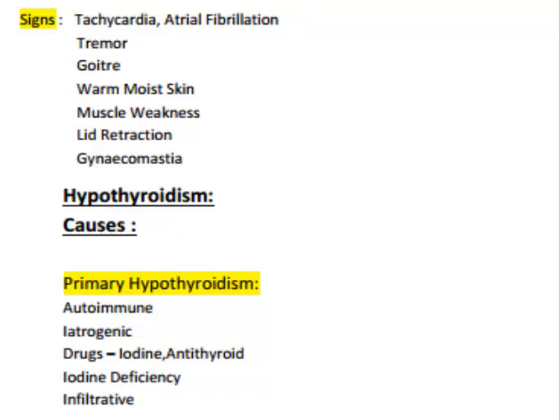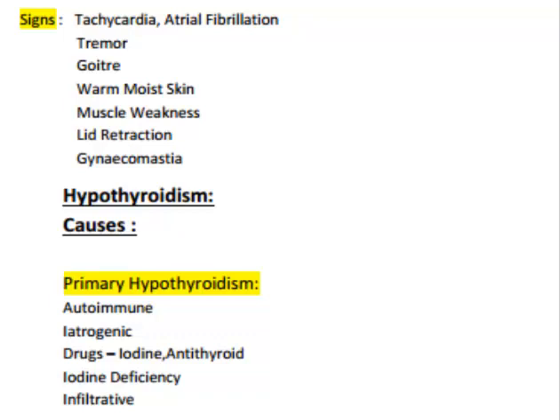Another condition may be decreased TSH and normal FT4. In this condition, first we will measure free T3. If there is increased T3, it is T3 thyrotoxicosis, and if it is normal, then this is subclinical hyperthyroidism.